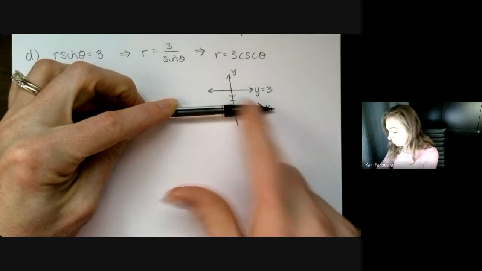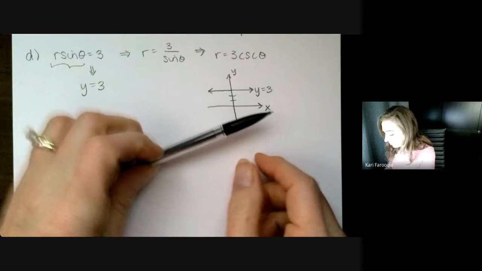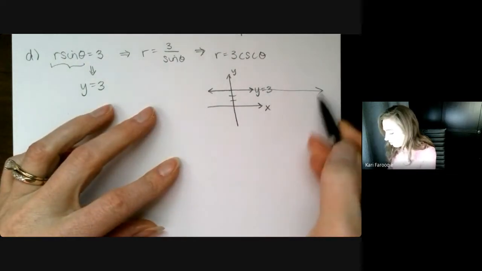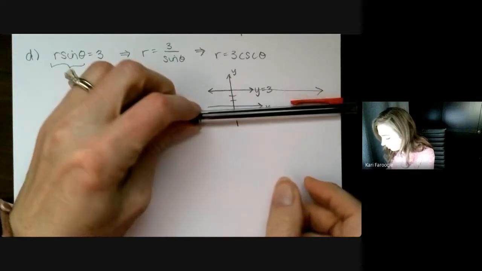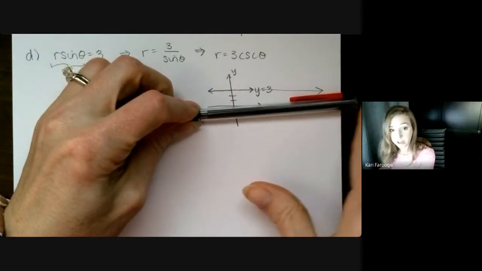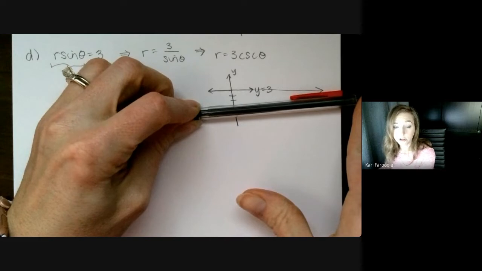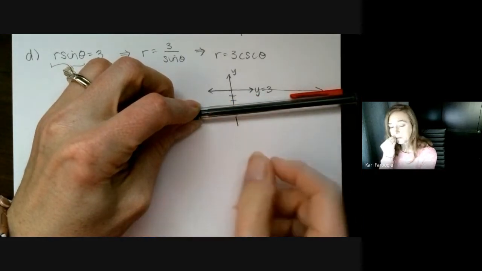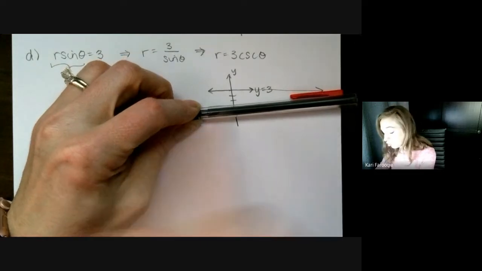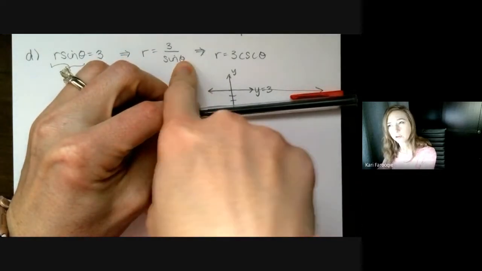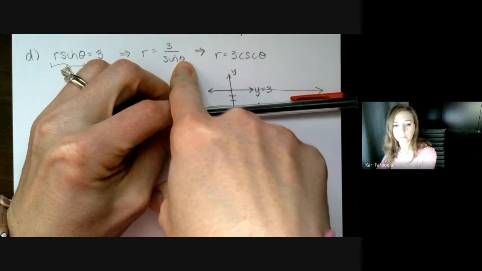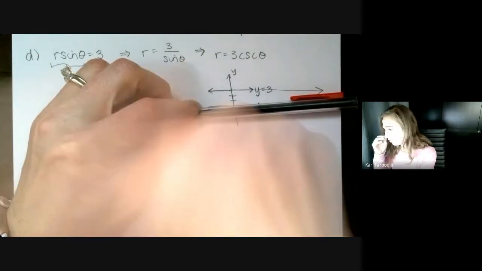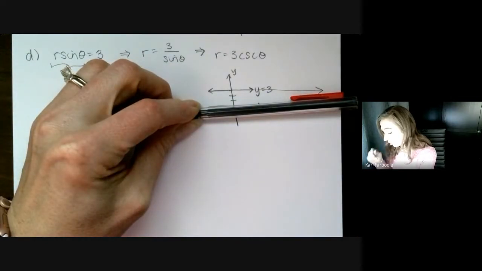However, as soon as theta starts to increase, and remember, this graph goes all the way out. Even for really small values, eventually you're going to hit that. So this value of r is going to be really long, and then it's going to get shorter as you work your way through. Here, the sine values, as you increase from 0 to pi over 2, are really, really small. So you're dividing by really, really small values, and you're getting a really, really large value for r.